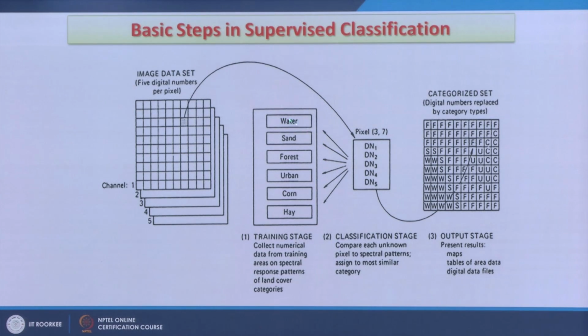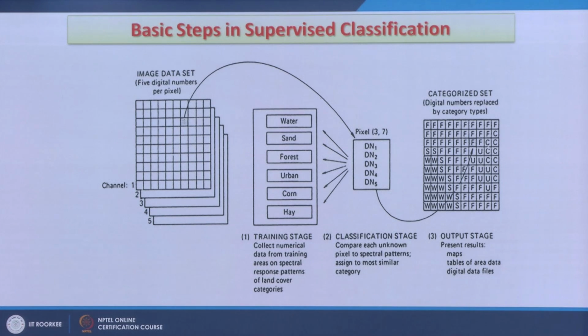These training sets will instruct how to classify this image, this color composite or different bands. So the first, basic step in supervised classification is to train. That is the training stage: collect numerical data, that means pixel values from different bands, from training areas where I am sure that this is, say, dense forest.